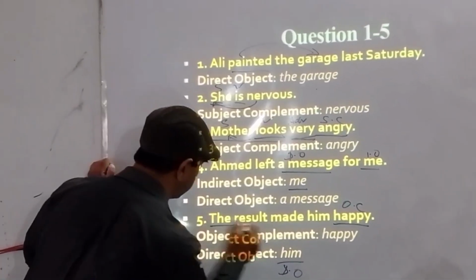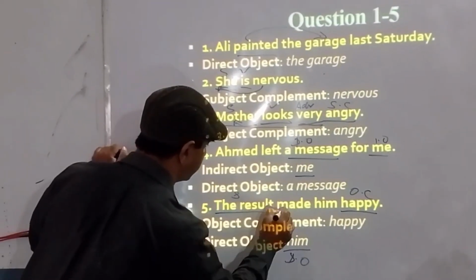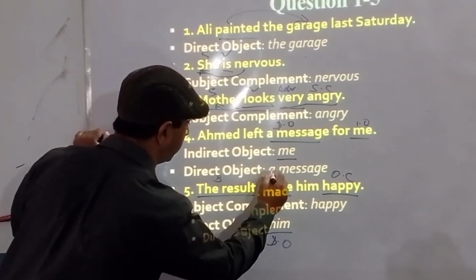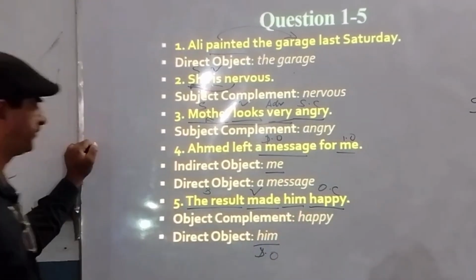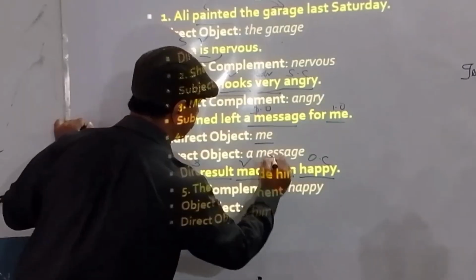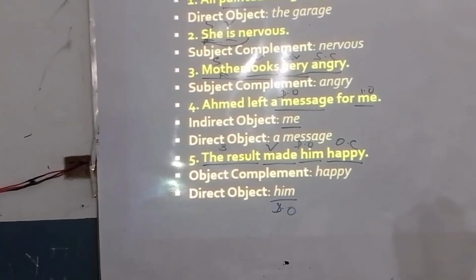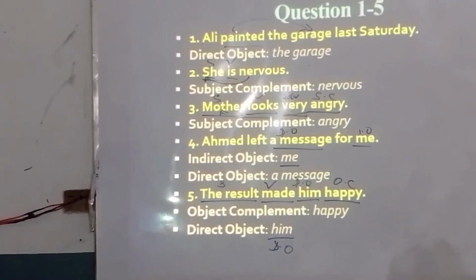What is the result? Subject. What is made? Verb. What is him? Direct object. Why is it direct object?